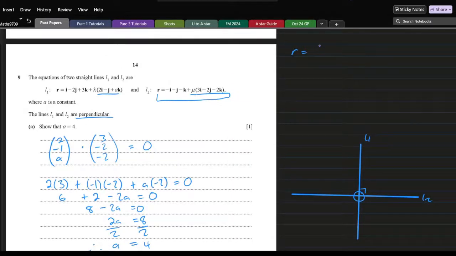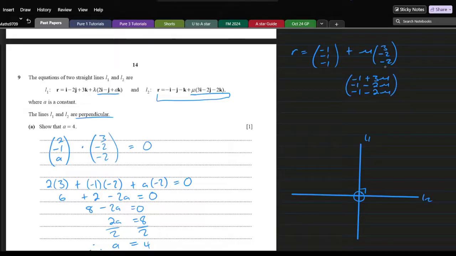So r is (-1, -1, -1) plus mu times the direction vector (3, -2, -2). And so the general coordinates of any point on this line would be negative 1 plus 3 mu, negative 1 minus 2 mu, and negative 1 minus 2 mu.